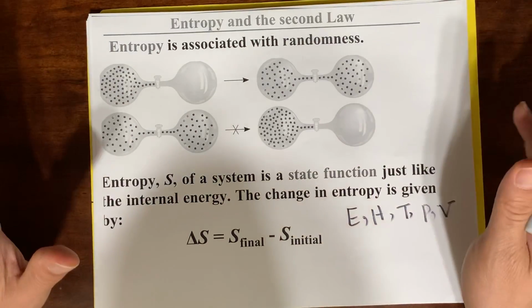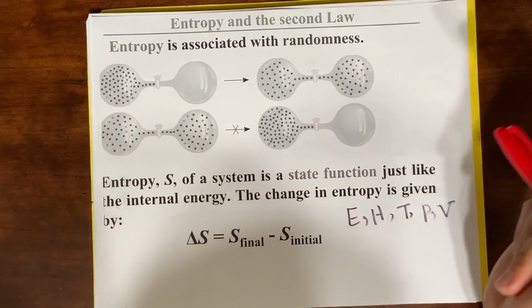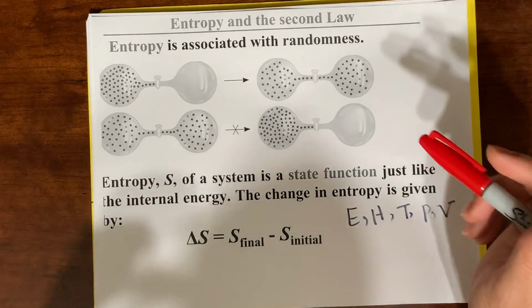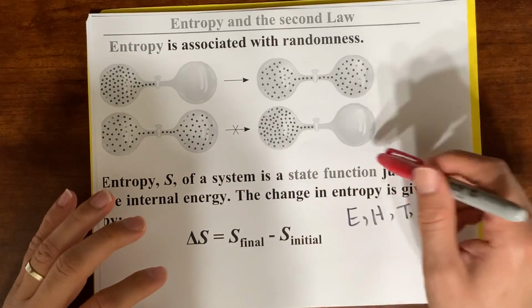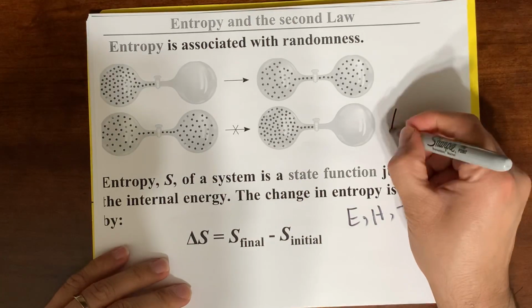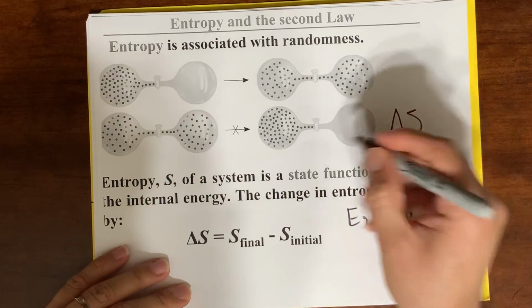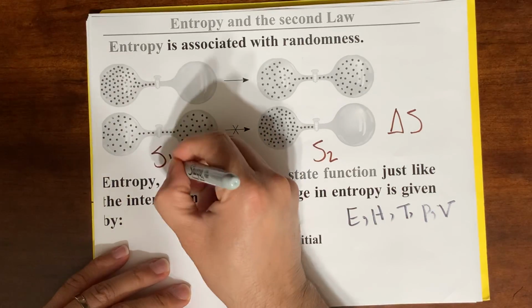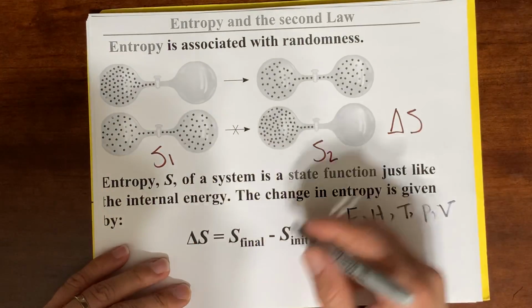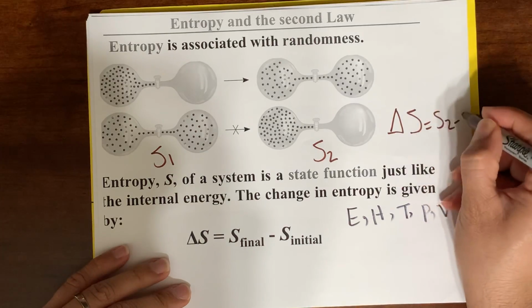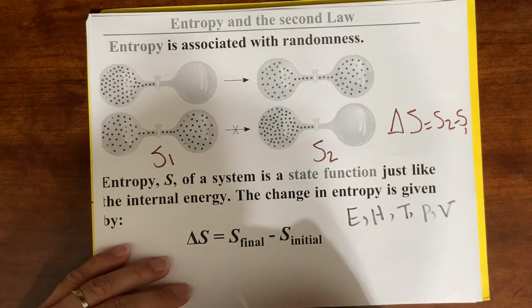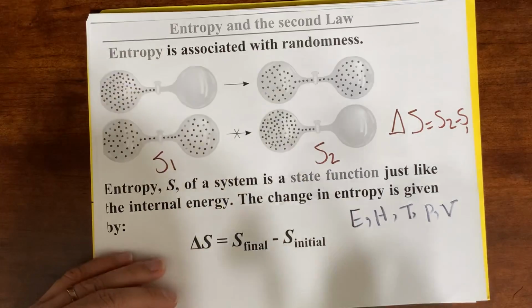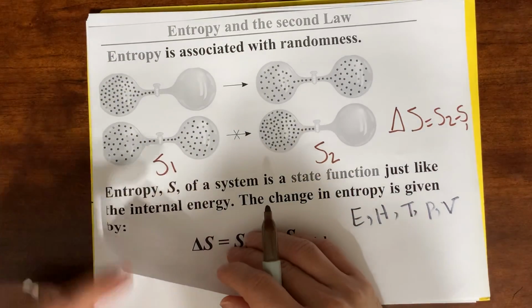I don't care whether it was slow or fast, or whether you did it in a second. If we want to calculate the change in entropy, we say give me the final entropy and the initial entropy, and I'm going to subtract them. It will be S2 minus S1. That gives me the change in entropy. That's a nice thing about entropy, because it's a state function.